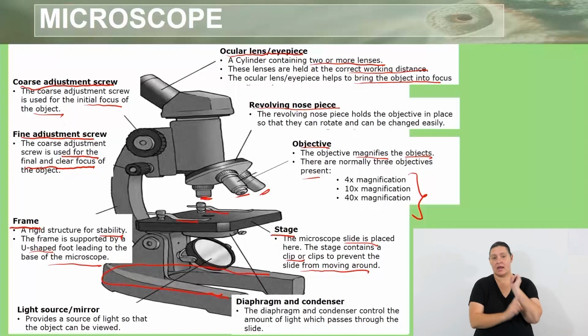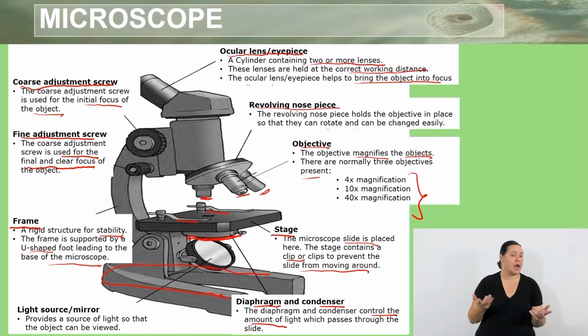And then the last one is our diaphragm and condenser. So these 2 control the amount of light which passes through the slide. So this is our diaphragm over here. And where does the light come from? The light comes from this last part, which is our light source or the mirror.